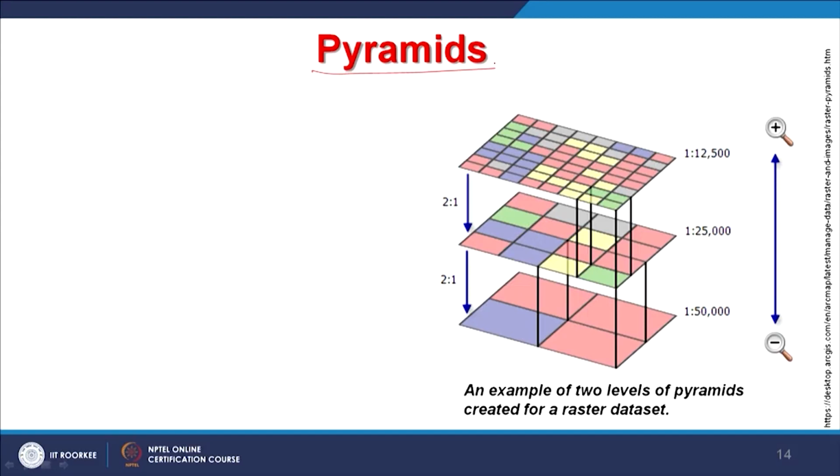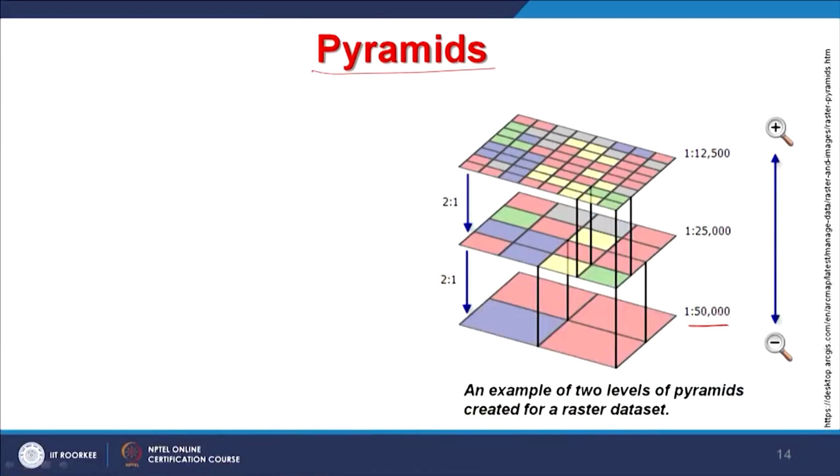When you display a full size image on a screen, at that time it is displayed at a low resolution, like maybe something like this, just 4 pixels. This is of course schematic, just to explain.